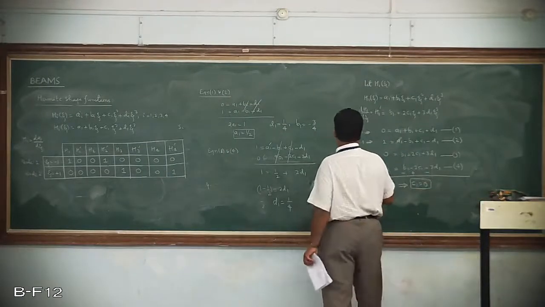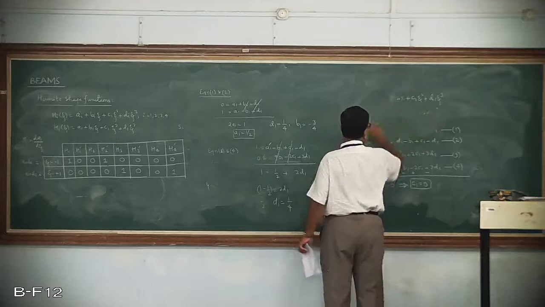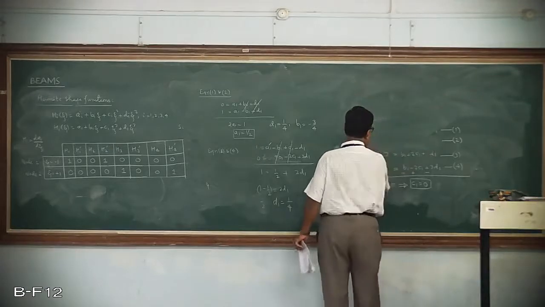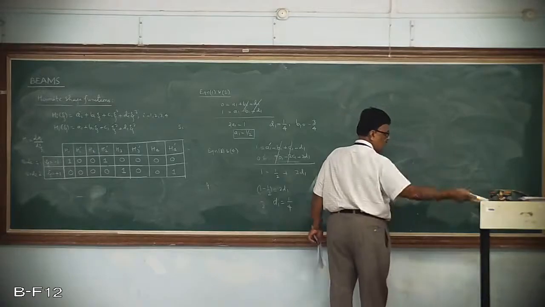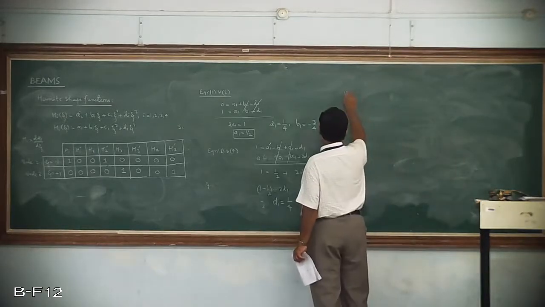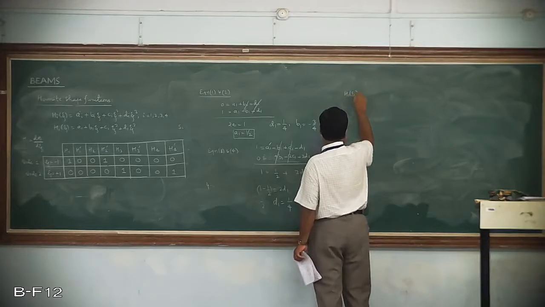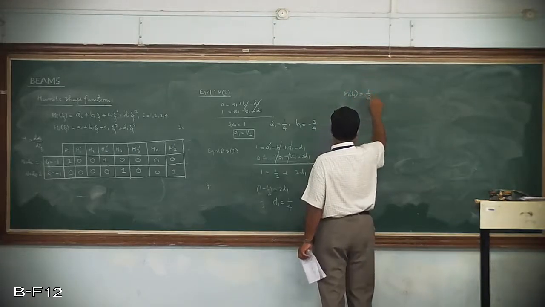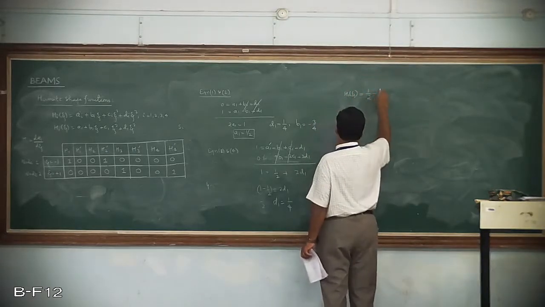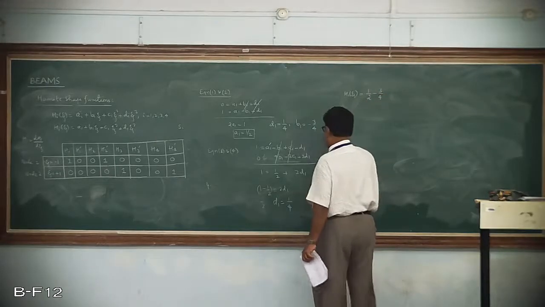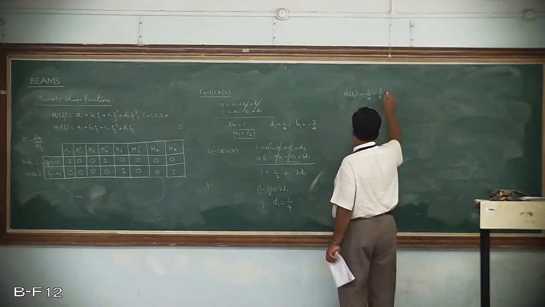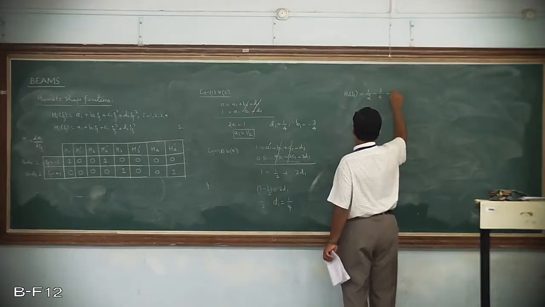So now I can rewrite my shape function H1 completely. What is that shape function? Look at this. H1 of zeta is equal to half, that is A1, plus B1, which we have just found out is minus 3 by 4. C1 anyway is 0, plus D1, which is 1 by 4.